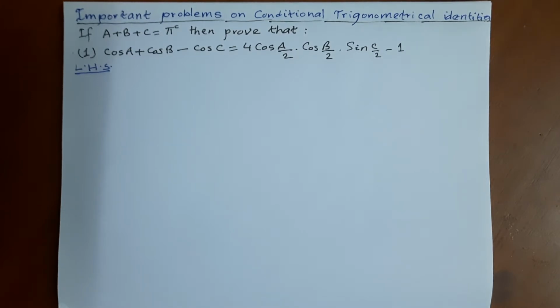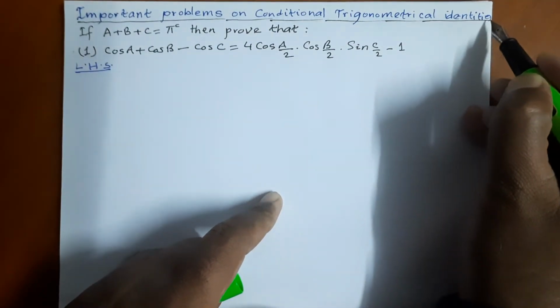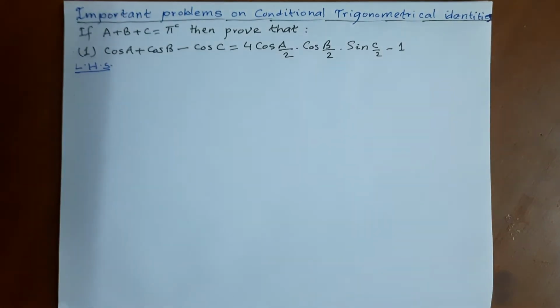In this exercise, you don't need any new formula. The formulas you have already learned in the previous exercise are used once again. So you should be confident in the formulas so that it will be easier for you to prove these conditional trigonometrical identities.